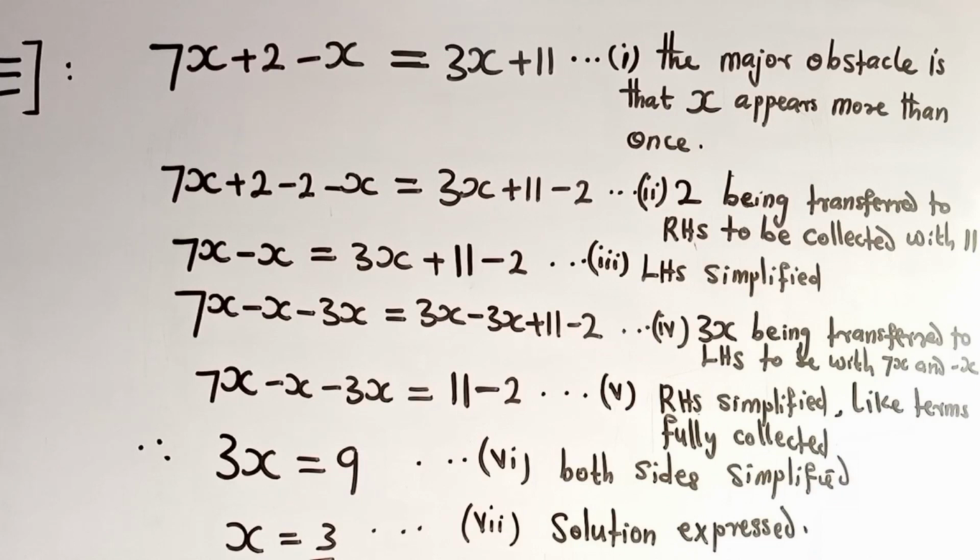The first one, which is collecting like terms, is possible only if the coefficients of the unknown are both constants. That is, if they are like terms, because in this case, for instance, 7x minus x and 3x are like terms. I believe you know why they are like terms.